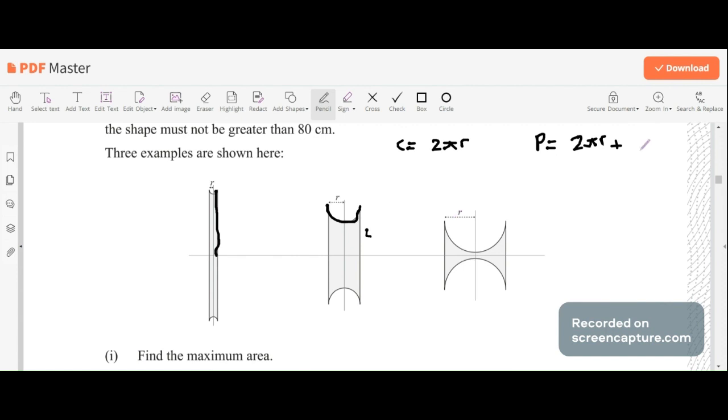So we're going to have plus 2L, and so it's going to equal 80. That equals 80.